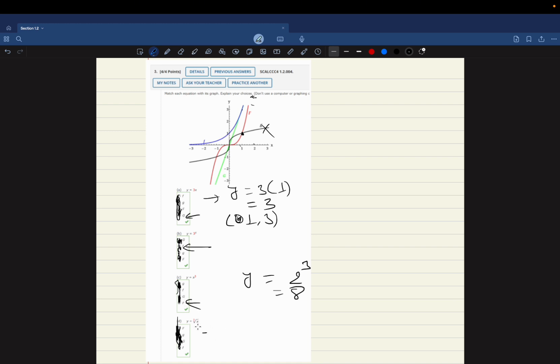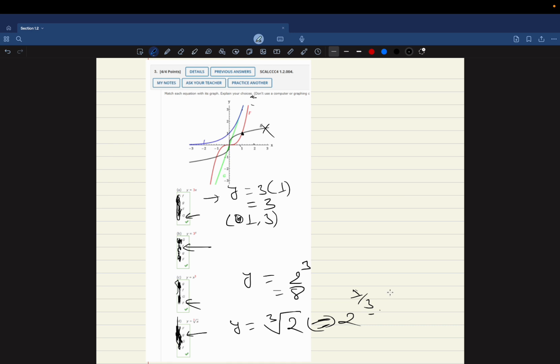And for this cubic root it is small z, because it is the only remaining one, and we can also plot and see. So let's do y equals cubic root of 2. Okay, so in this case it will be 2 to the power 1/3, so these both are the same. It is equivalent to this.